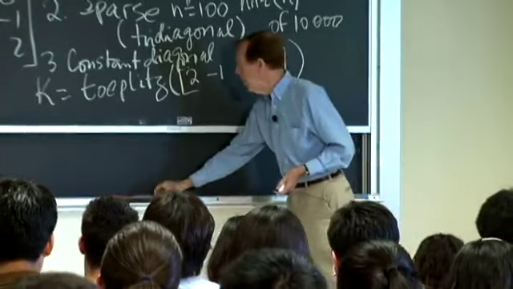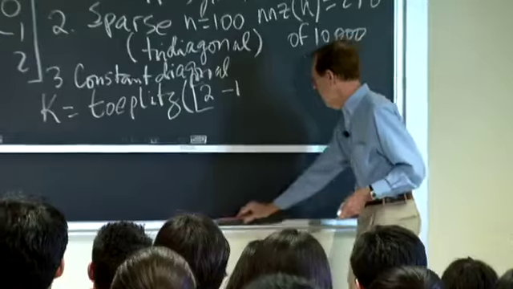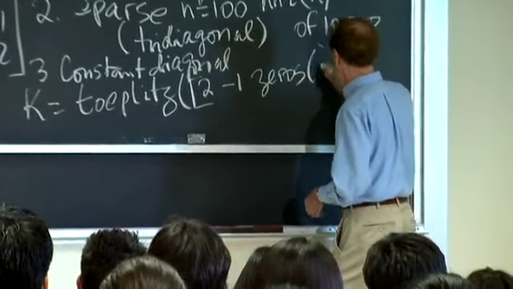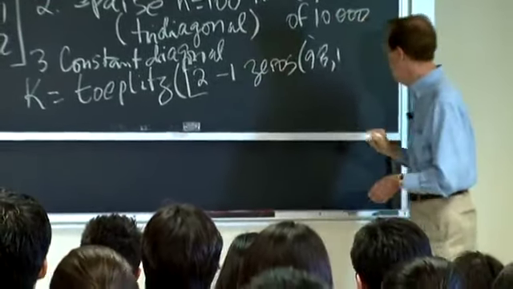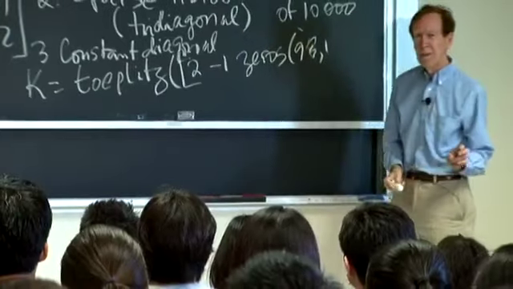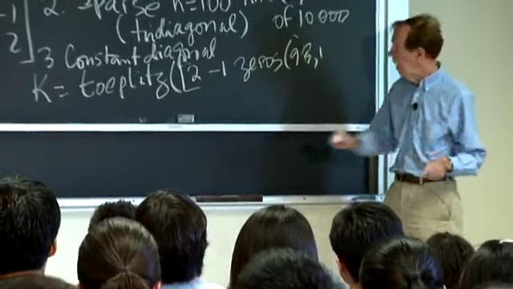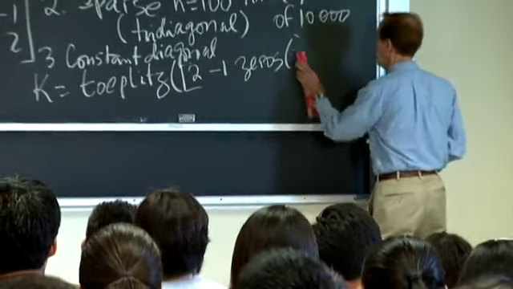And of course, if it was bigger, then rather than writing 100 zeros, I could put zeros of 98. 98 and 1. Wouldn't I have to say that? Or is it 1 and 98? You see why it doesn't run. I'm thinking of that as a row. Anyway.